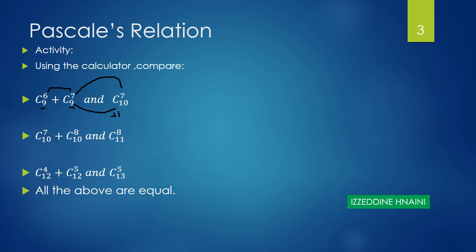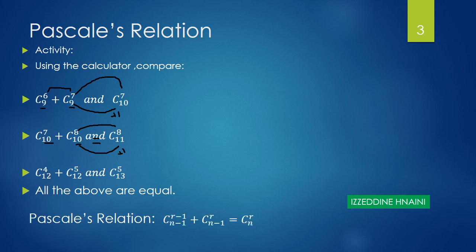Similarly here, C(10,7) plus C(10,8) equals C(11,8). We have the same n, we add 1 to n, and we take 7 and 8, we take the greater. This relation is called Pascal's relation.